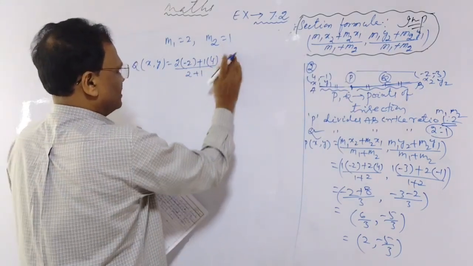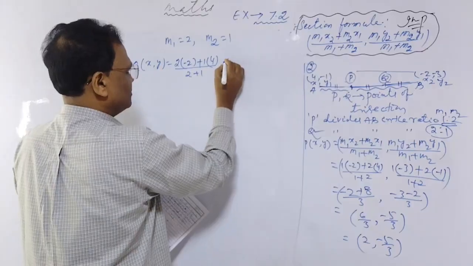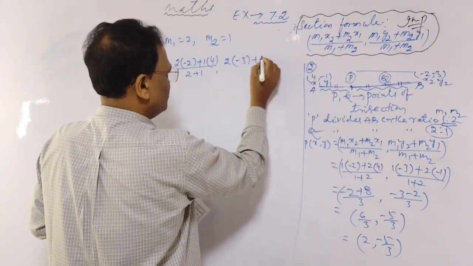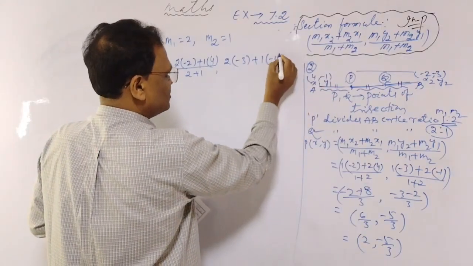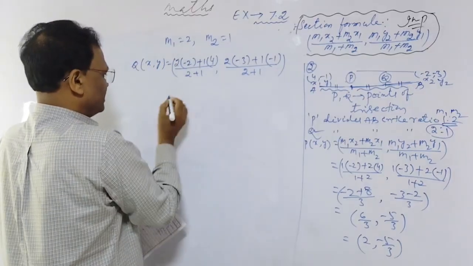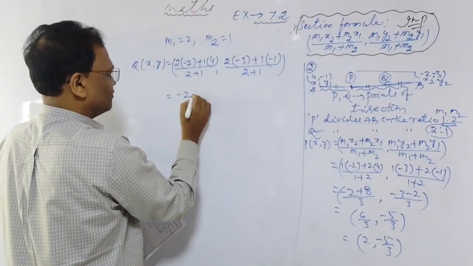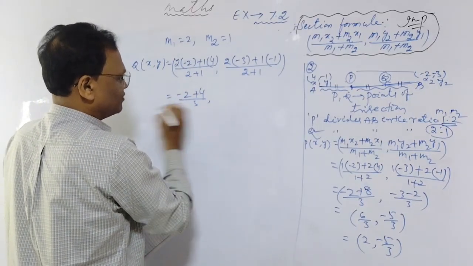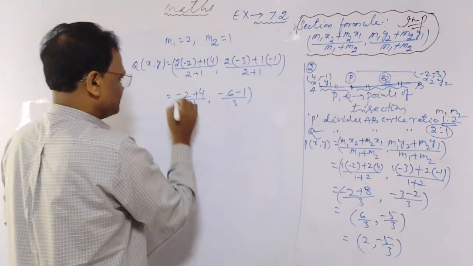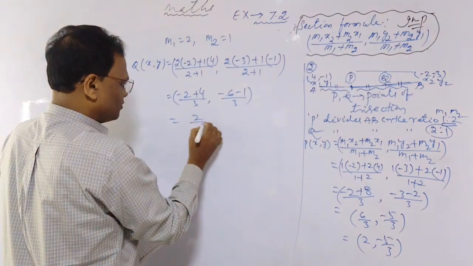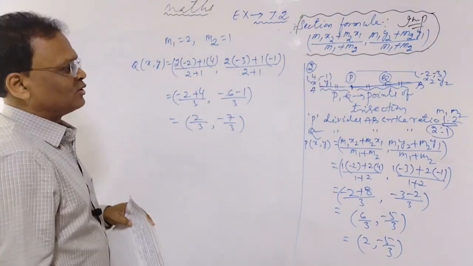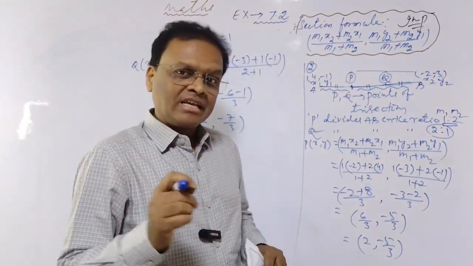Again m1 is 2, m1 y2 is minus 3, plus m2 y1 is minus 1, divided by 2 plus 1. So finally if I calculate, 2 2s are 4, 4 1s are 4, 2 plus 1 is 3, 2 3s are 6, minus 1 by 3. 4 minus 2, 2 by 3, and minus 7 by 3. So this is the coordinates of the point Q.